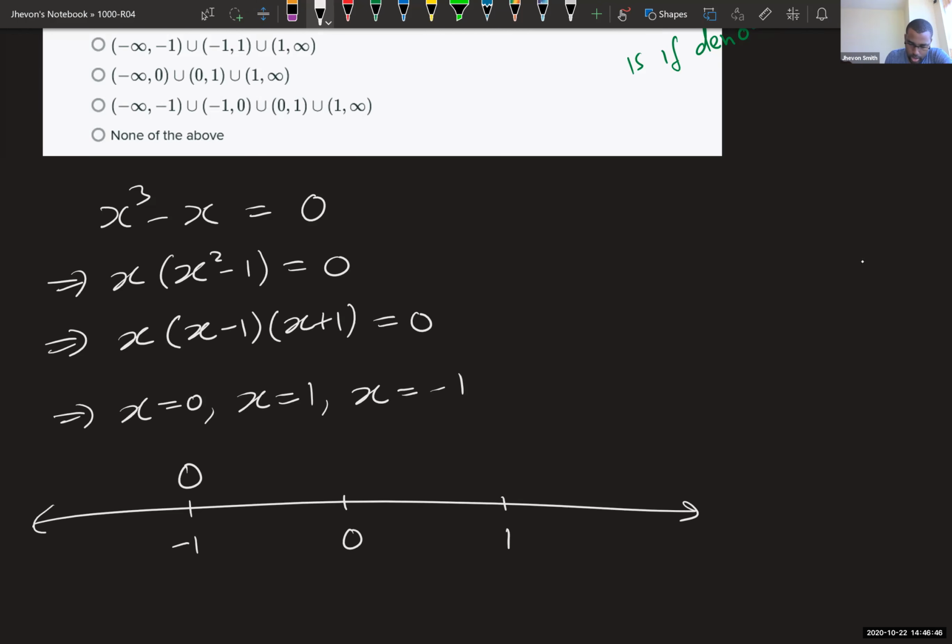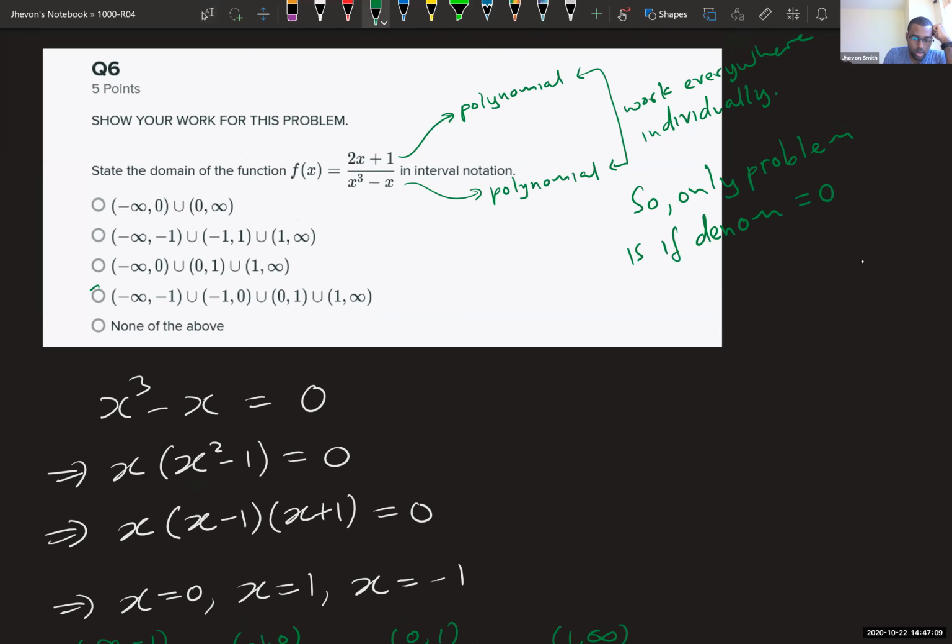But really anything else can work because these guys are polynomials otherwise. So from -infinity to -1 works, from -1 to 0 works, from 0 to 1 works, and from 1 to infinity works. So there are 4 things, and yeah, looks like that's that.